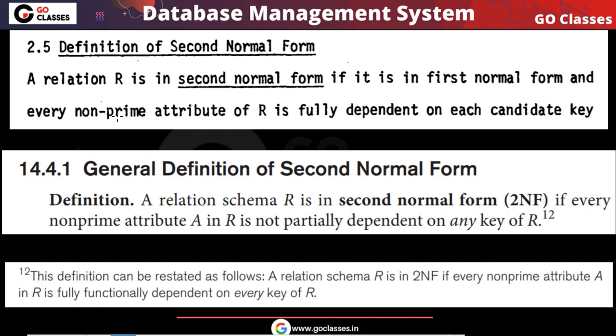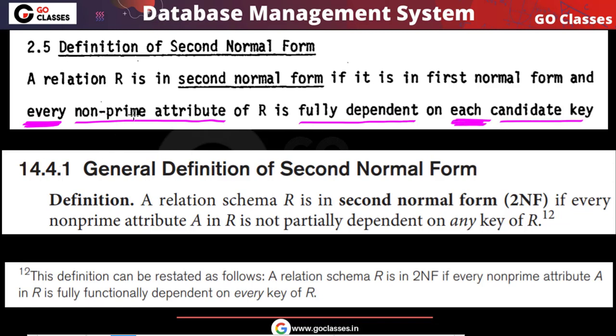Now let's start 2NF. What is the definition of second normal form? Second normal form says that every non-prime attribute must be fully dependent on every candidate key, and this is very important. These are the keywords you can notice: every non-prime attribute is fully dependent on each candidate key.